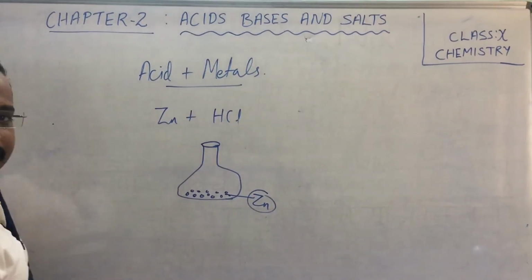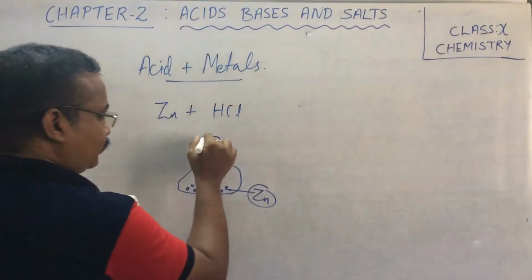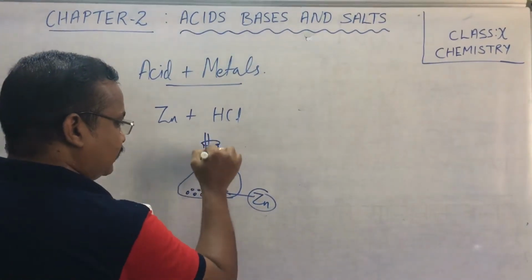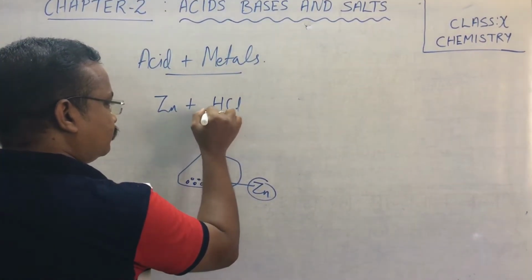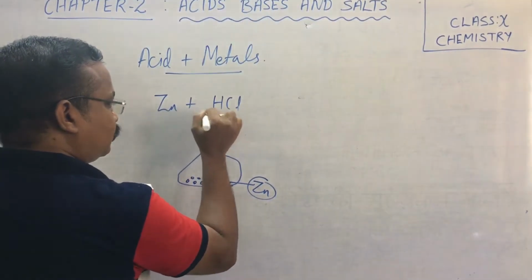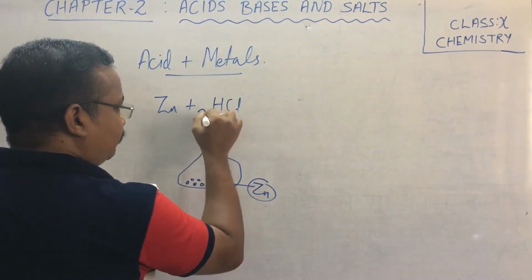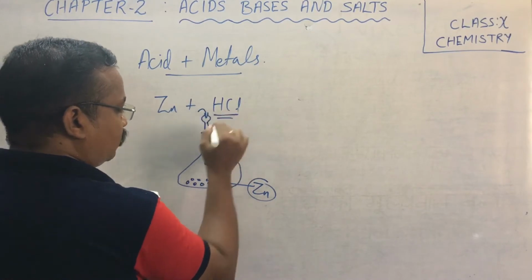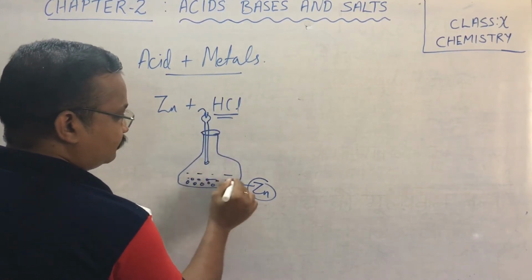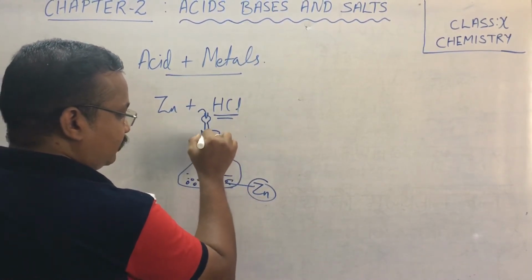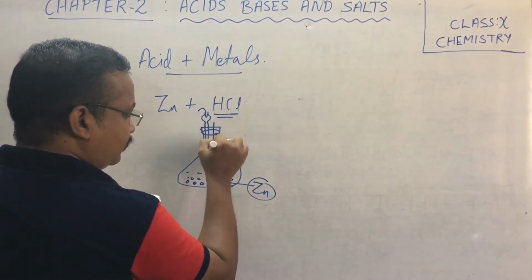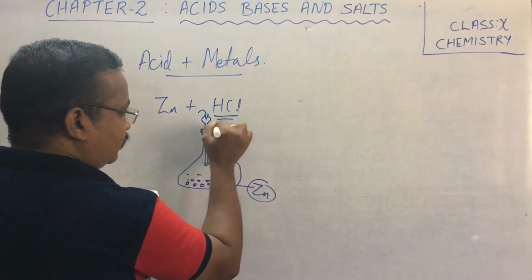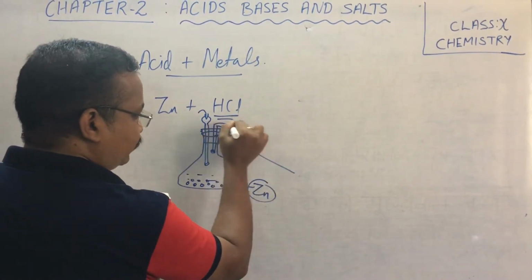As I took the zinc, through a thistle funnel, insert a thistle funnel into it. Through this thistle funnel, let me pour this hydrochloric acid into it, and with the help of a cork we can cover it and insert another delivery tube into it.